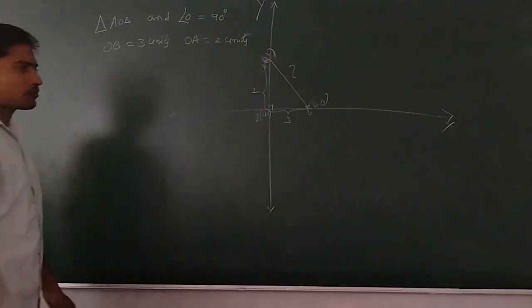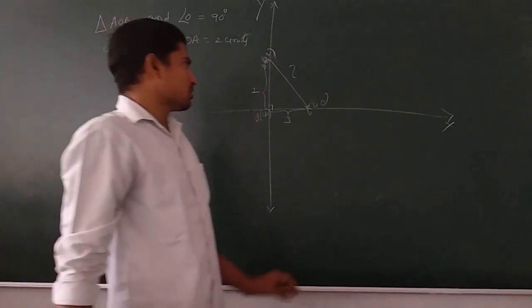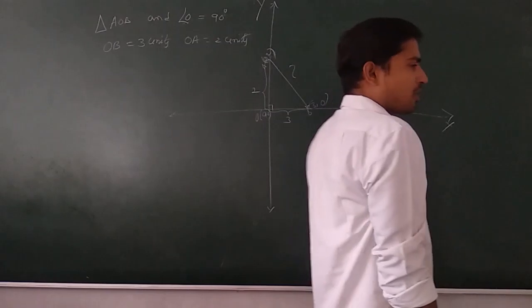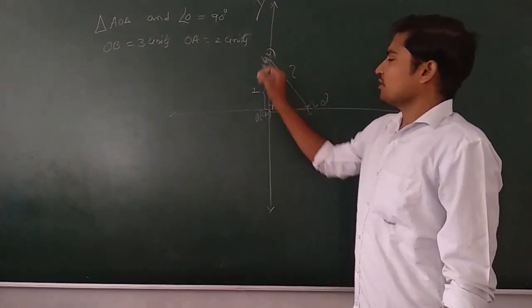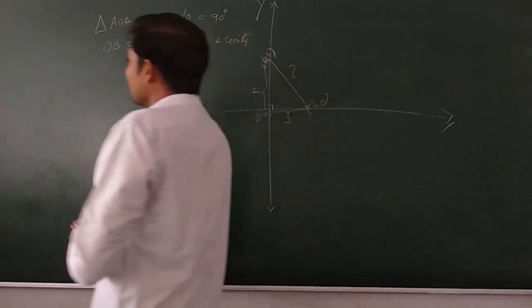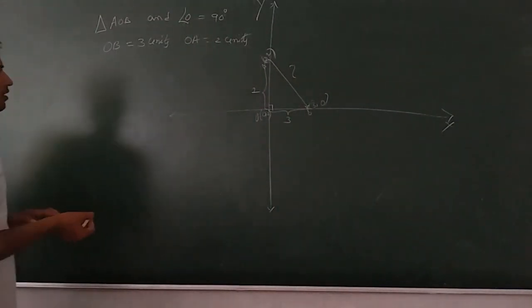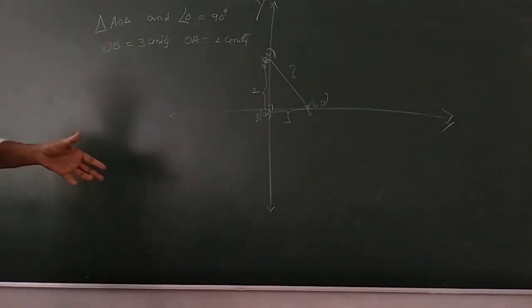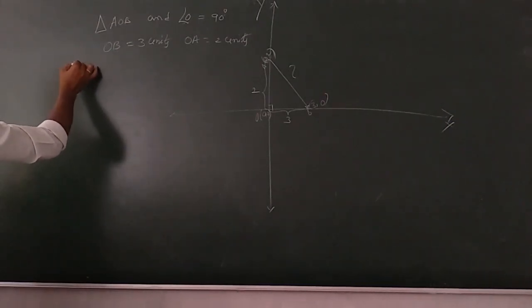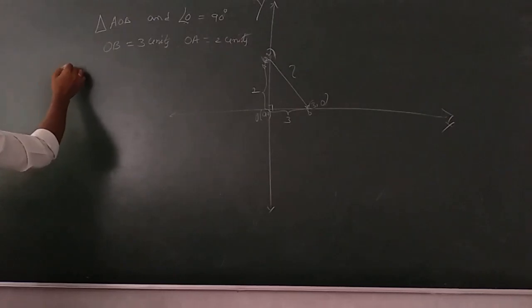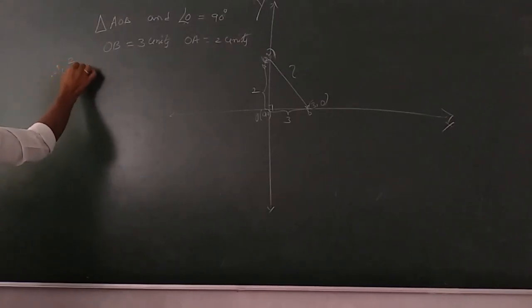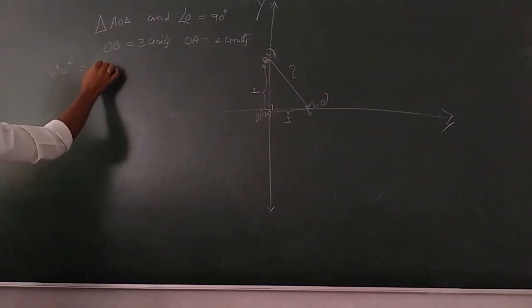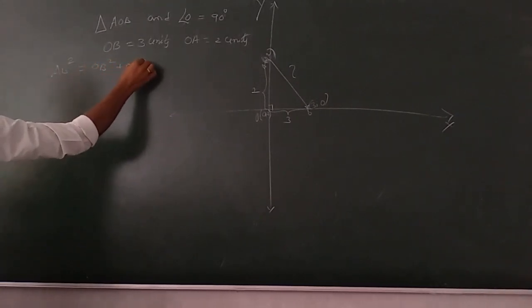Right? I want the distance between the two points B and A, that is, the length of AB. By the great Pythagoras formula, AB square equal to OB square plus OA square.